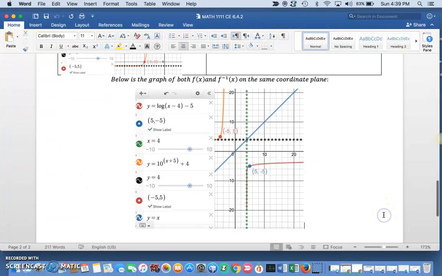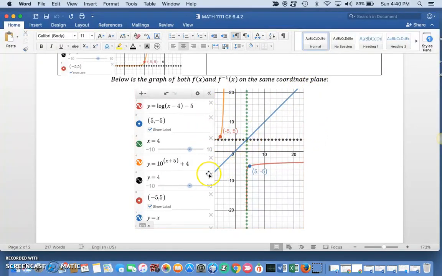One of the things that I like to do with logarithms and exponentials is for you to see them on the same coordinate plane with everything graphed out. This was the original log right here. This is its vertical asymptote. This is its inverse, the exponential. This is that horizontal asymptote.